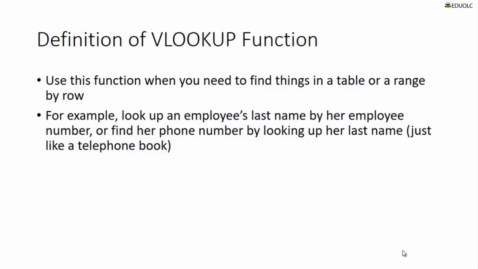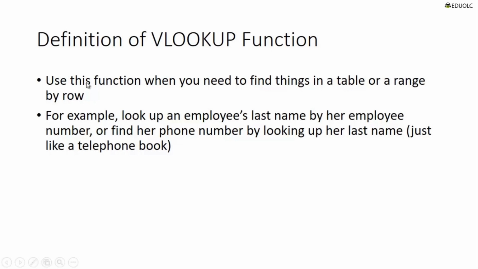So the way to do that is you open a cell in Excel worksheet, type equal to, and then enter the name of the function. In this course, we are studying VLOOKUP function. So when we are doing VLOOKUP function, we should type equal to VLOOKUP.